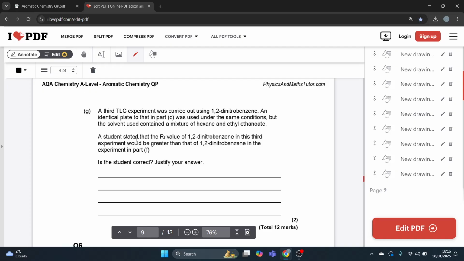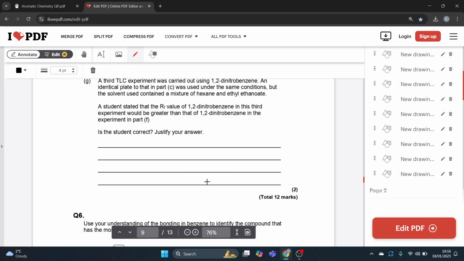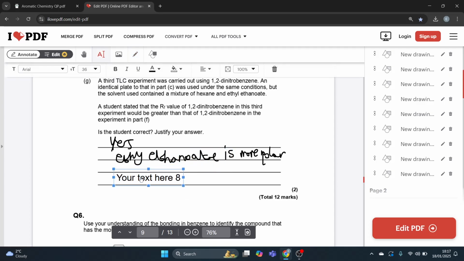So yes, the student is correct. Why? Well, ethanoate is more polar, and polar isomer is more attracted.